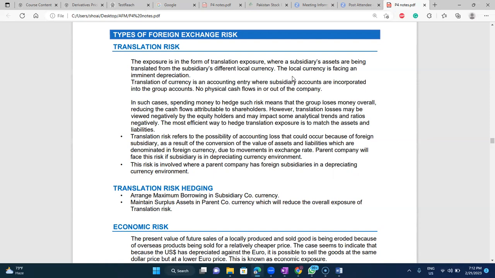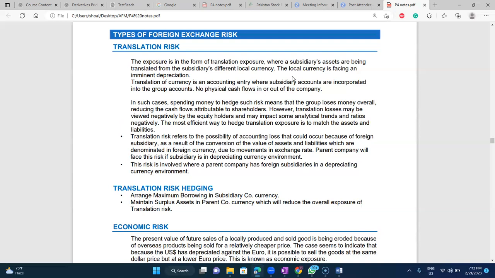So translation risk is when you have a subsidiary in another country and the currency of that country is depreciating. Whenever you translate the balance sheet of that subsidiary into your parent company currency, you will face some kind of hit, because when you translate the foreign currency into the parent currency, you will receive a lesser amount.